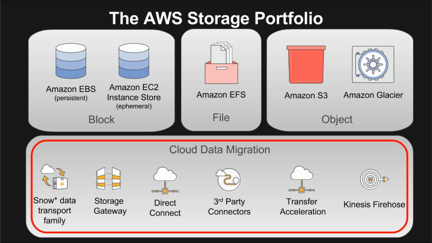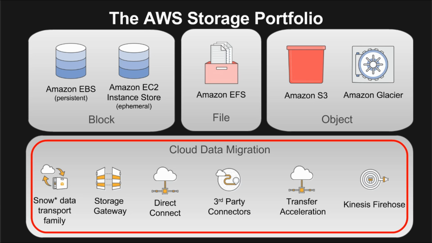So we've got our Elastic Block service and our Instance Storage service. We also have EFS, that is our file offering, where you can get access to high performance, high speed NFS file shares inside of AWS.